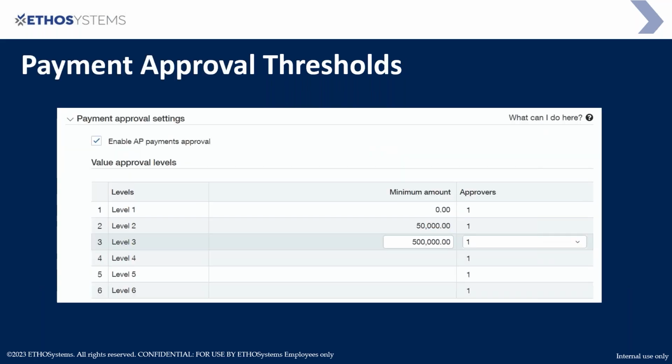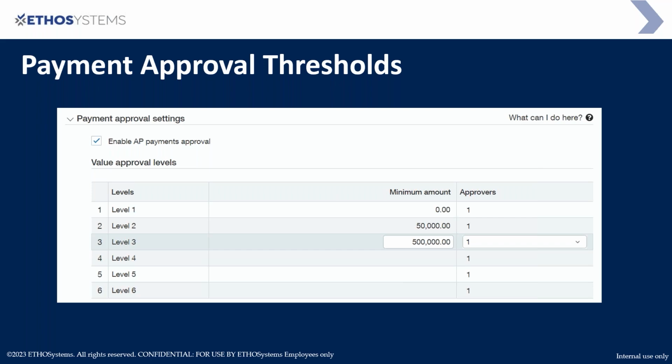So that would be the AP, that would be the invoicing process. Now this is the payment approval. So in this case, we can also set up levels of thresholds. This is the only one we get to choose. So we don't get the departments here. This is just all payments go through this level. So if, for example, anything below 50,000 gets approved by level 2, and it's one person.